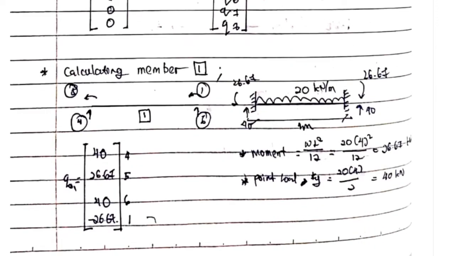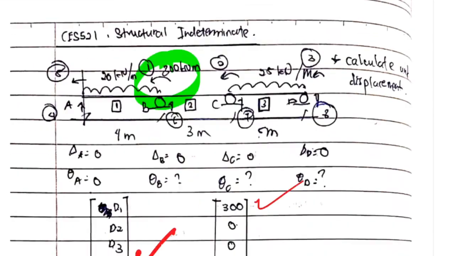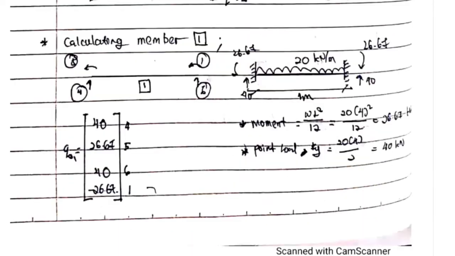Now this is the equivalent element nodal forces. For element number 1, UDL is 20 kilonewton per meter. Length is 4 meter. So if we check 20 times 4 divided by 2, we get 40.